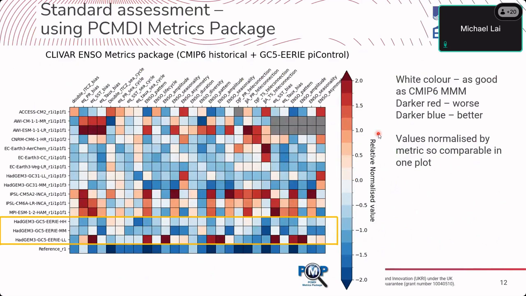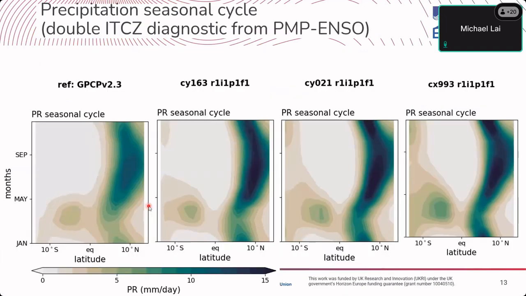So I've also been using the PCMDI metrics package to look at some of the mean state stuff, and it can also do ENSO and other aspects of variability. So there's some for those three different models. Again, I've done some metrics of ENSO related things comparing to the CNRS models. One of the expansions of one of those biases is the precipitation seasonal cycle in the tropical Pacific.